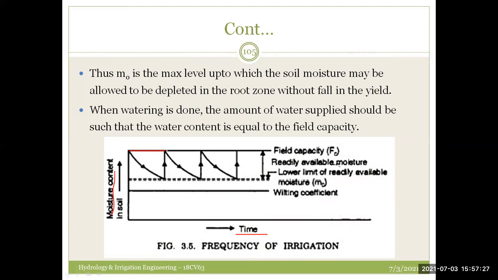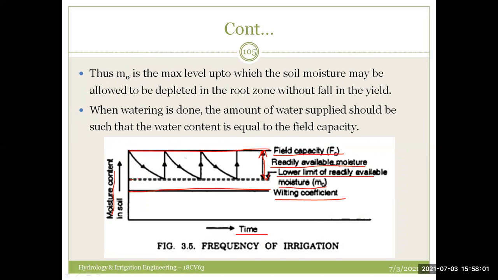The first line indicates the field capacity, FC, and the next line indicates the wilting coefficient or wilting point, and the dotted line indicates the lower limit of readily available moisture content, that is M0. The moisture content between the field capacity and the lower limit is your readily available moisture content.